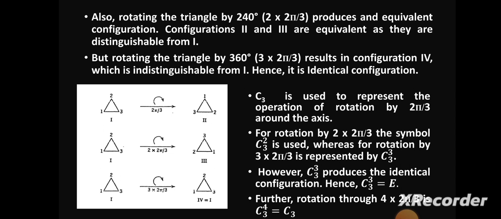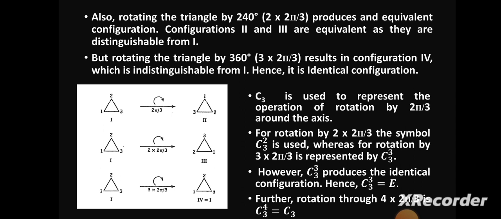C3 is the operation of rotation by 2 pi by 3 about the C3 axis itself. If we rotate it by 2 times 2 pi by 3, we use the symbol C3 twice, whereas for rotation by 3 times 2 pi by 3, it is denoted by C3 thrice. However, you can see configurations 1 and 4 are identical.